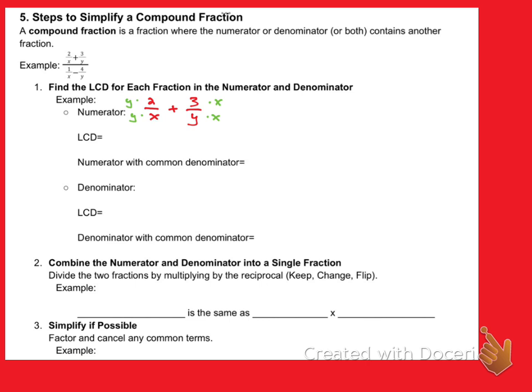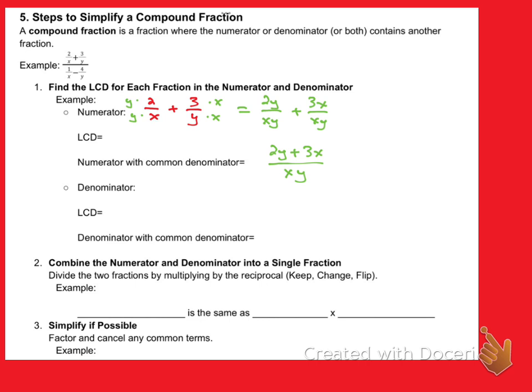So this will give me 2y over xy plus 3x over xy, which would be 2y plus 3x over xy. Okay.